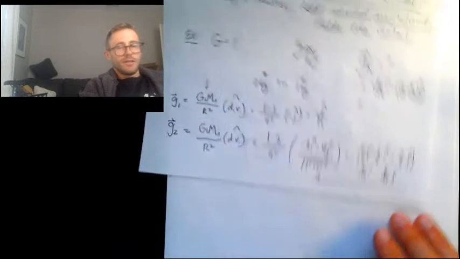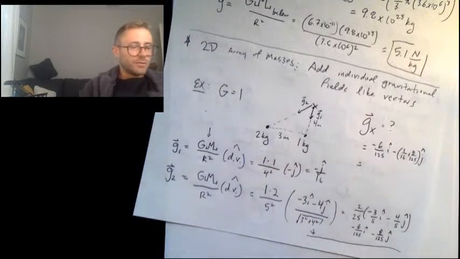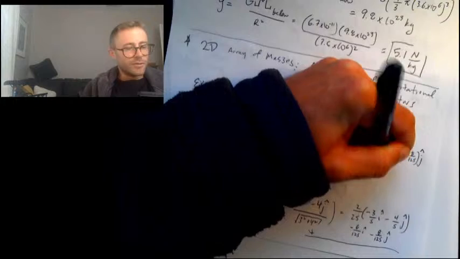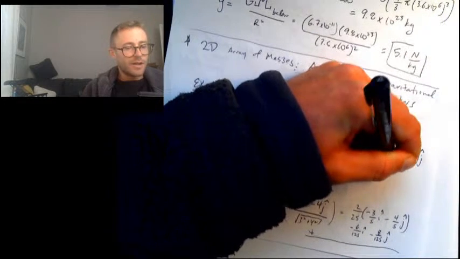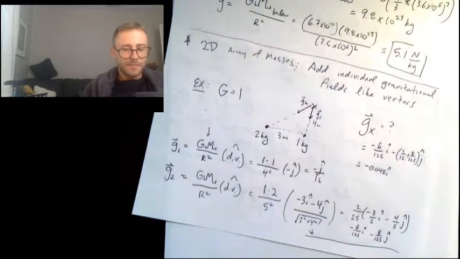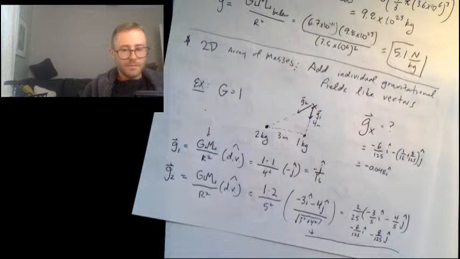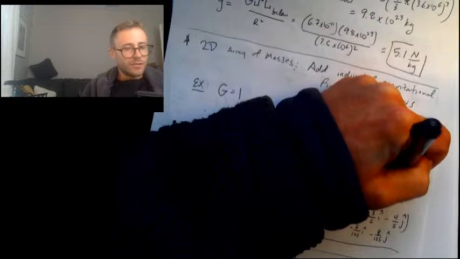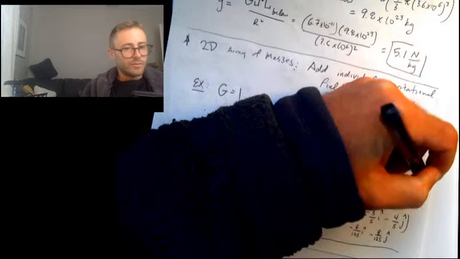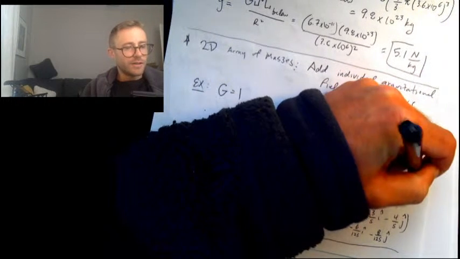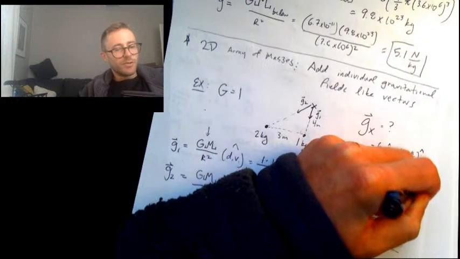Now, I can turn these into decimals quite easily. So this is going to be negative 0.048 i hat minus 0.127 j hat, that many newtons per kilogram.